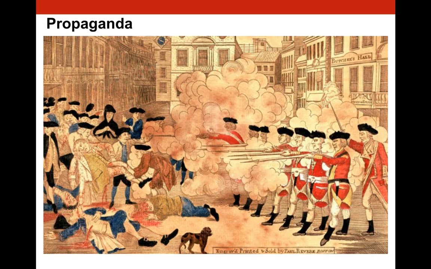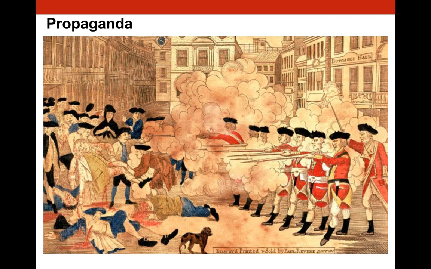Again, we'll talk about it in class, but you see that this is an example of propaganda. It's drawn in a certain way for you to see certain people as evil and certain people as innocent. It's drawn in a certain way to bring up emotion. It's very biased. Paul Revere, with who he is and what he believed, drew it in a certain way.